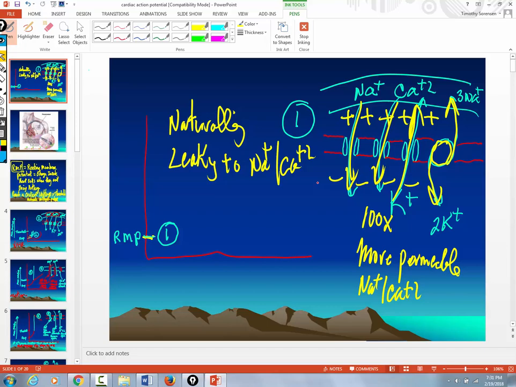So when sodium and calcium begin to leak in, potassium stops leaking out. So once you hit this critical voltage, this resting membrane potential, potassium stops leaking out, and sodium and calcium begin to leak in. And because they're positive, they're going to raise the resting membrane potential. It's going to become more positive.